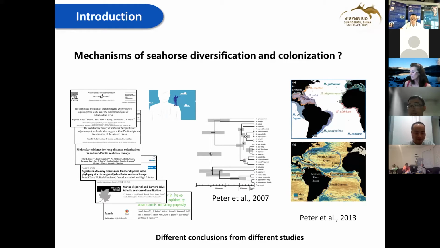So we could easily find a series of good hypotheses and evidence. For example, we all believe that tectonic events such as the Tethys Sea and the ocean currents play key roles in seahorse long-distance dispersal and global colonization.